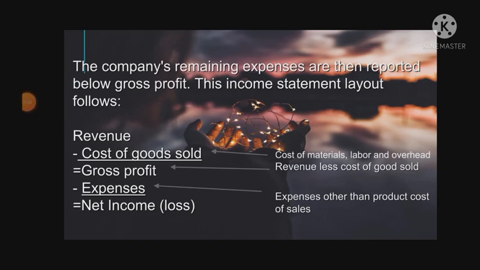So overall, the statement of comprehensive income is also referred to as a statement of profit or loss and other comprehensive income in IFRS. Net income or expenses is referred to as net profit or loss.